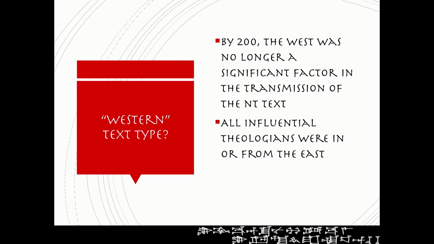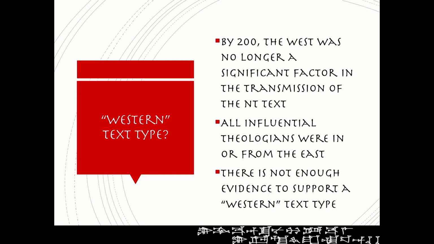There were theologians that moved into the West, but these were from the East. And there is not enough evidence to support a Western text type. This is important moving forward, trying to understand the different families, the different text types, the different traditions from the first part of the first millennium CE.